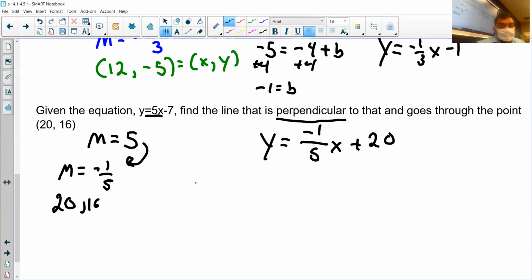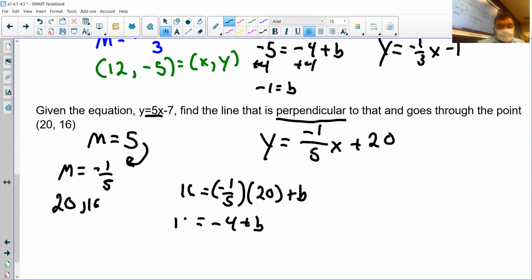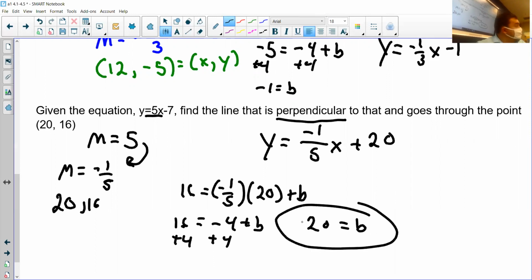Plug it into my y equals mx plus b. 16 equals negative 1/5 times 20 plus b. Negative 1/5 times 20 is negative 4 plus b equals 16. Plus 4 on both sides. 20 equals b. There we go. And then the final answer, which I already wrote over here.